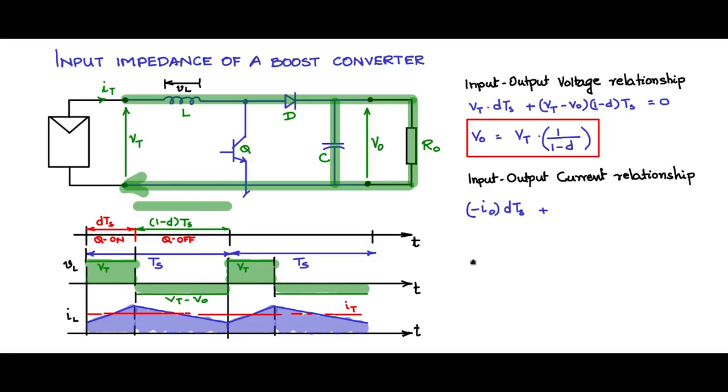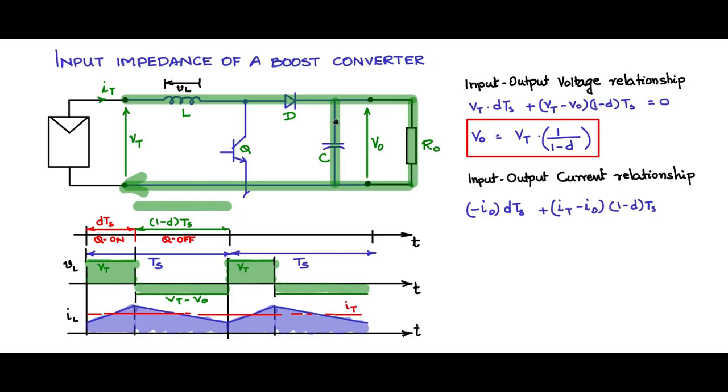plus, during the time when Q is off, the whole inductor current is flowing through the diode, and a portion of it charges up the capacitance and a portion flows through the output resistance as I naught. So It minus I naught is what is flowing through the capacitance to charge it up. So it's It minus I naught into (1 minus d)Ts.